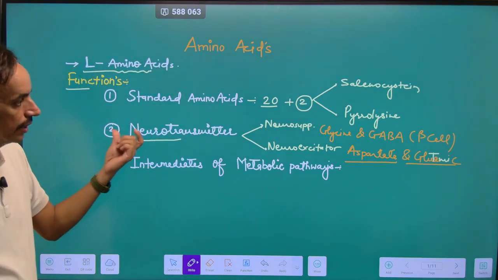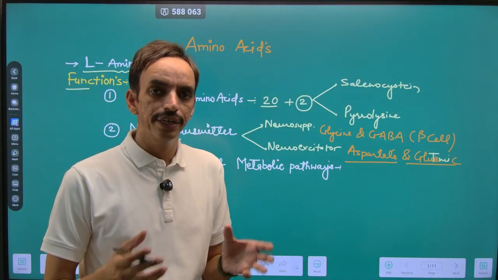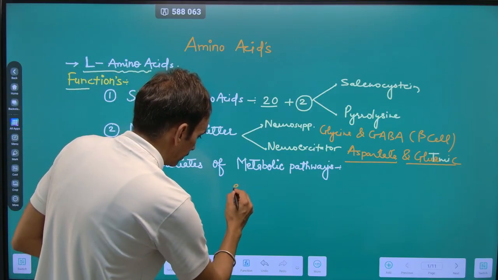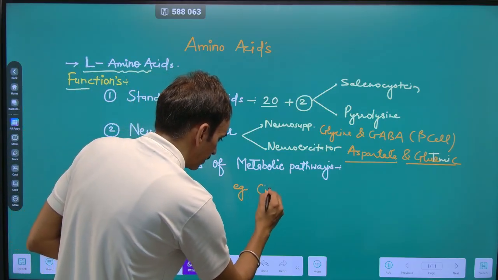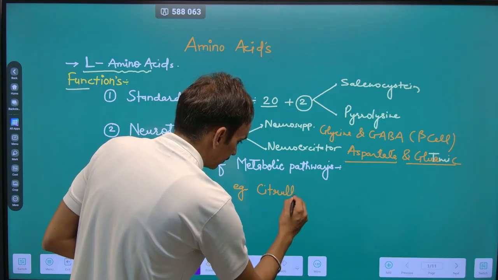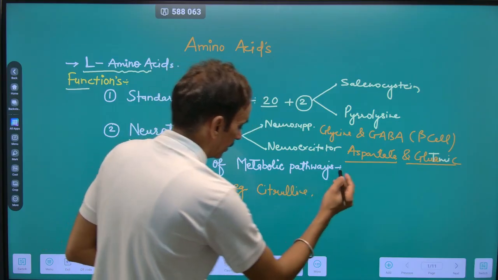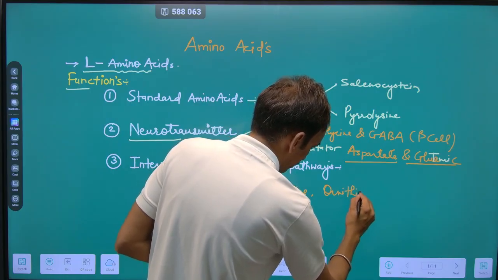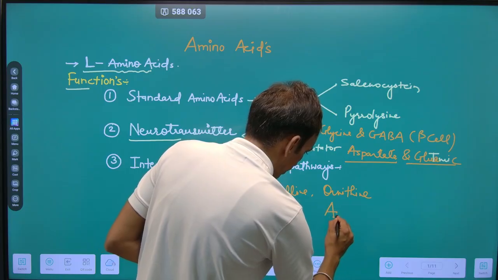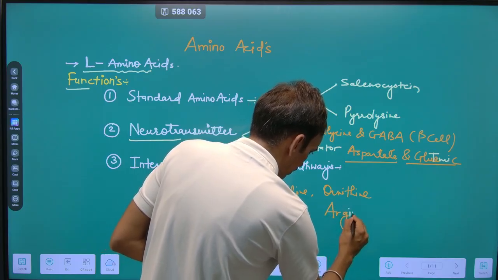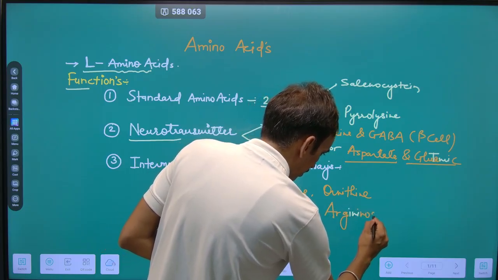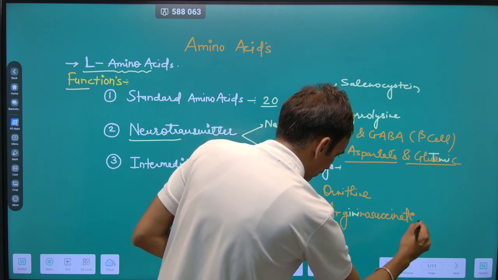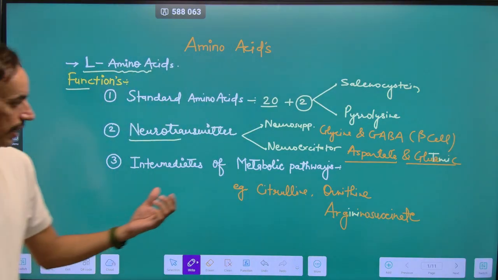Amino acids also act as intermediates of metabolic pathways. For example, citrulline, ornithine, and argininosuccinate.